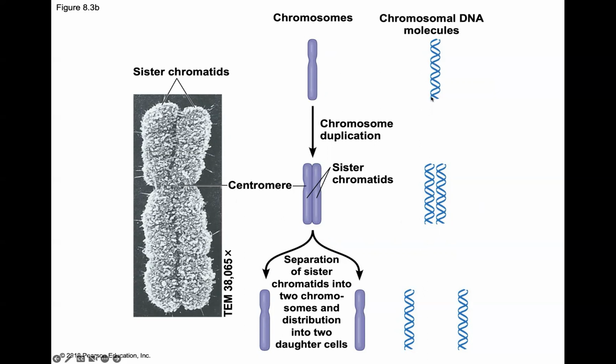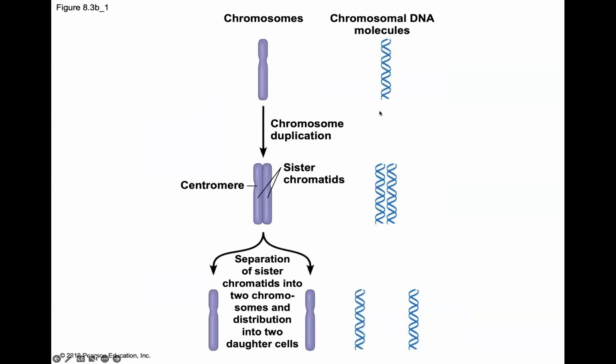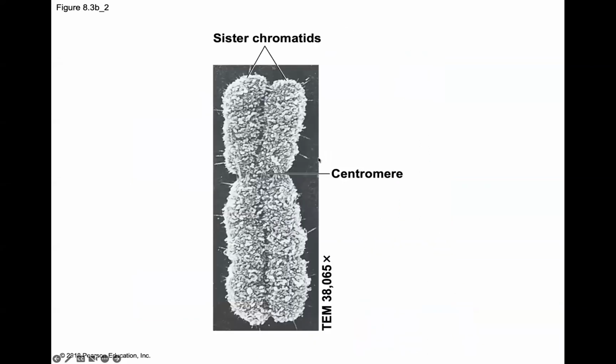And this is just another illustration for chromosomal DNA. Okay. So again, this is just a micrograph of probably what you've seen before as a chromosome, where we've got these two sister chromatids here attached at this centromere.